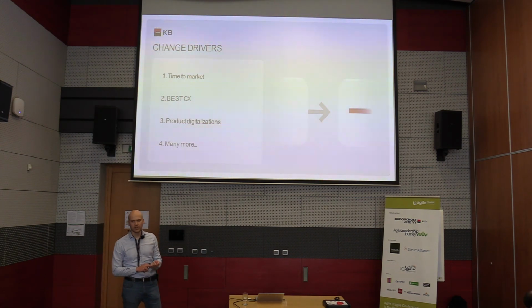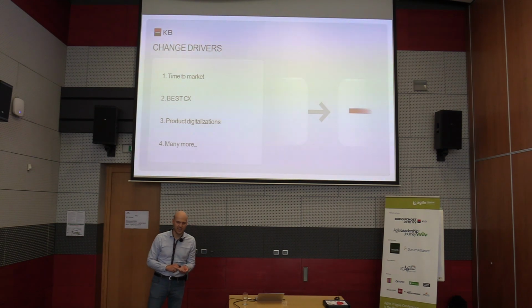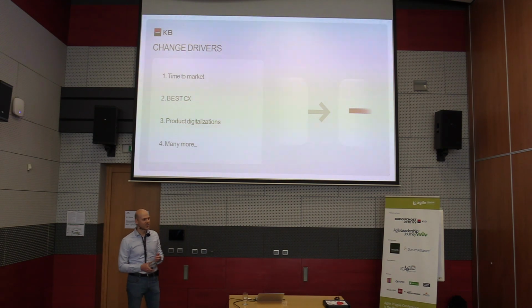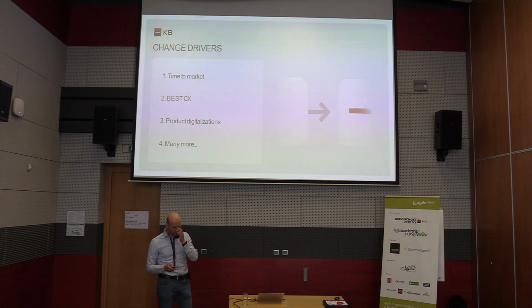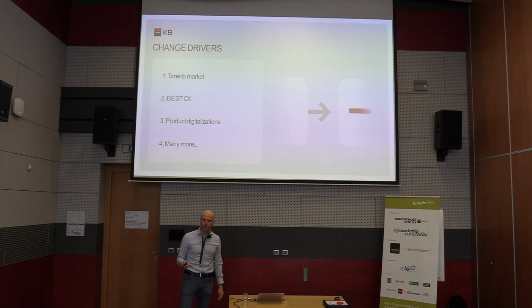Next motivator was that we want to have the best customer experience ever. So it's not just about the UX and UI, it has also more parameters. The next thing we wanted to do is product digitalization. What does that mean? How many of you have experience with branch offices? Do you like to go to the branch office and, for example, set up a current account?